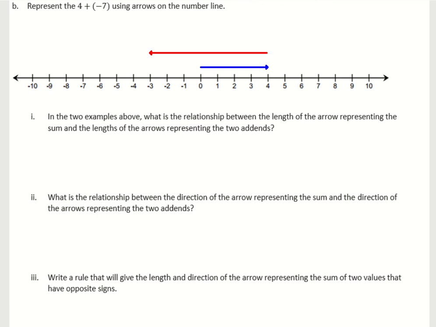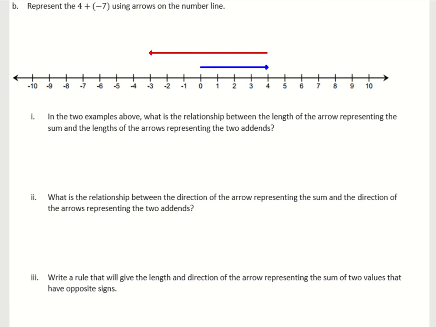So for this one, it doesn't even ask, well, what direction does this arrow go? How long is it? It immediately just asks us, hey, in these two examples, what's the relationship between the length of the arrow representing the sum and the lengths of the arrows representing the two addends?